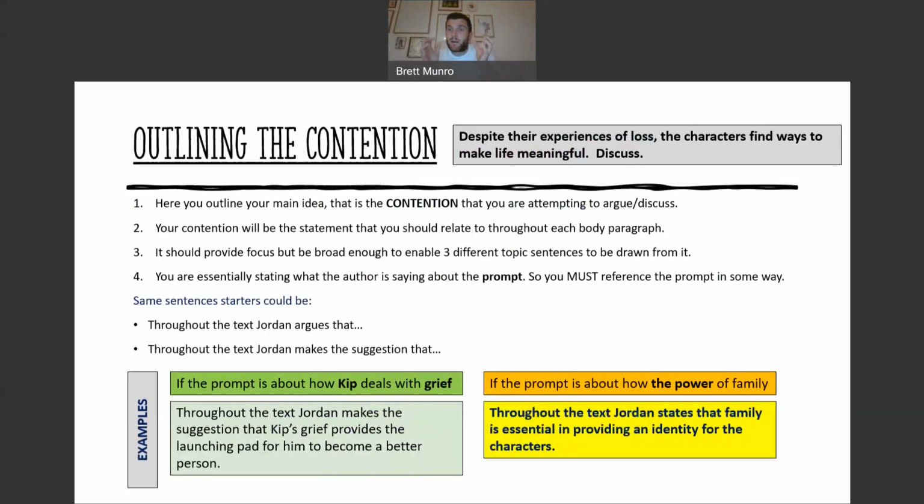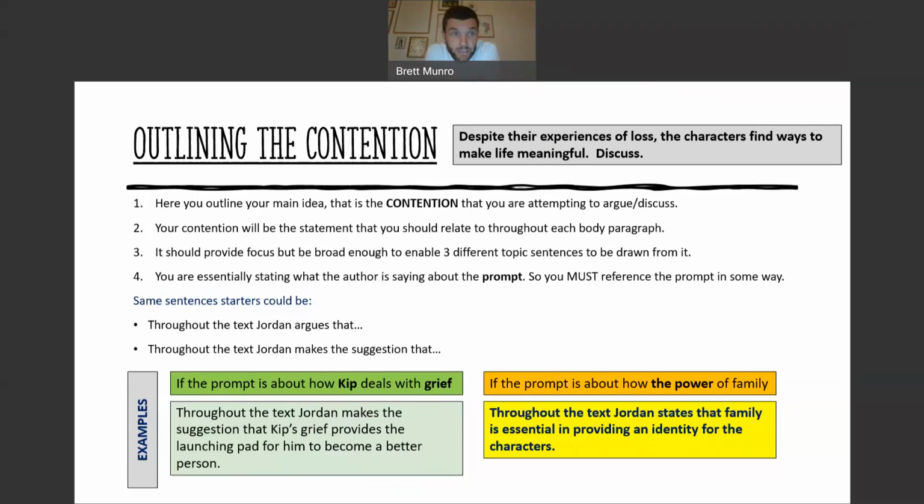We're talking about a particular theme or a couple of particular themes. Now, our next step is what do we think the author is saying about those two themes? In this case, the two themes that we're going to be looking at are loss and the ways that characters find meaning and make their own lives meaningful.